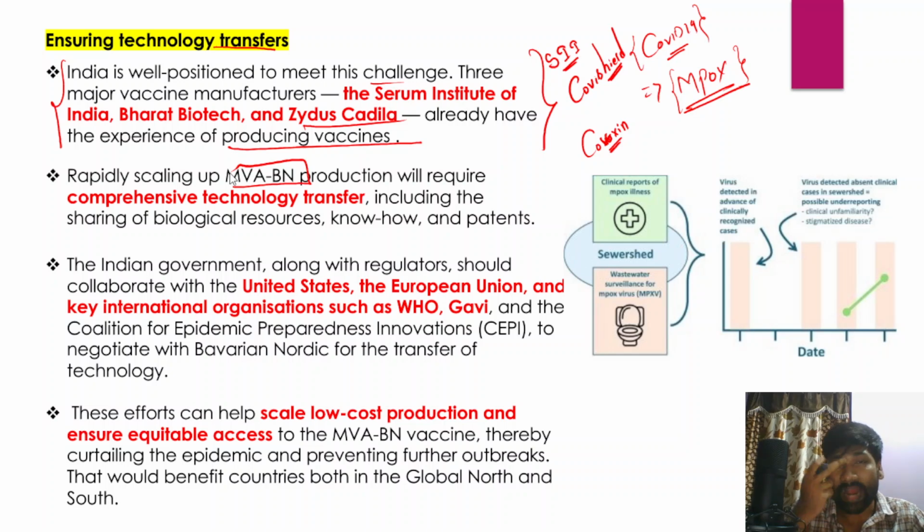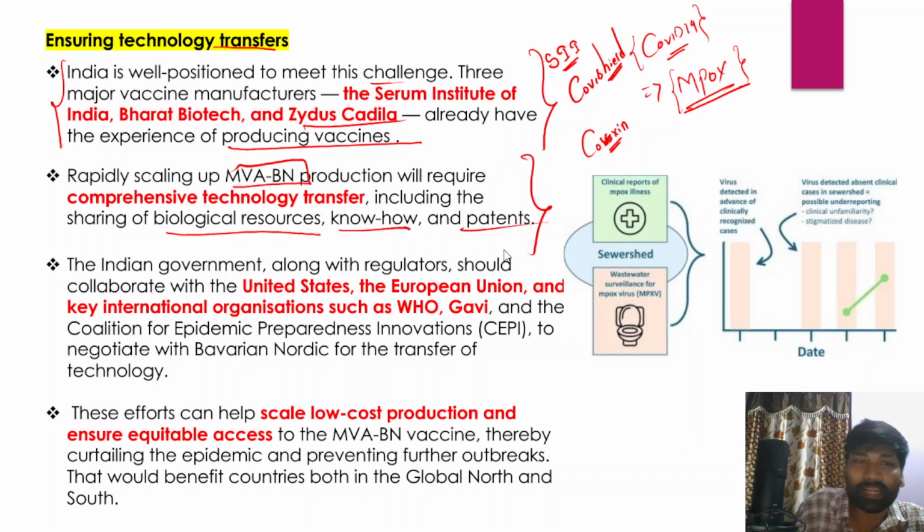Rapidly scaling up this MVA-BN production will require a comprehensive technology transfer from this particular pharmaceutical company to Indian vaccine manufacturers. That technology transfer essentially includes sharing of biological resources, technological know-how, and even patents. That plays a very important role in ensuring vaccine equity, right?